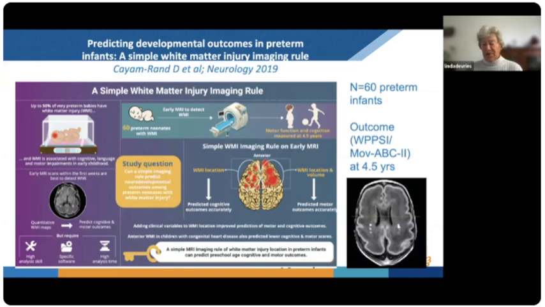But if you only had lesions posterior to this yellow line, then the children did not have any problems at the age of 4.5 years. So this is nice, making life simple, and can be used on your early MRI when the punctate lesions are more clear than on your term equivalent age MRI.